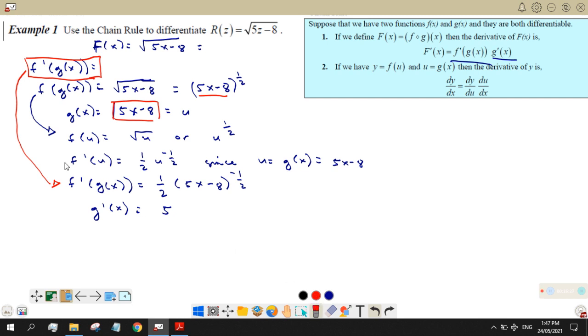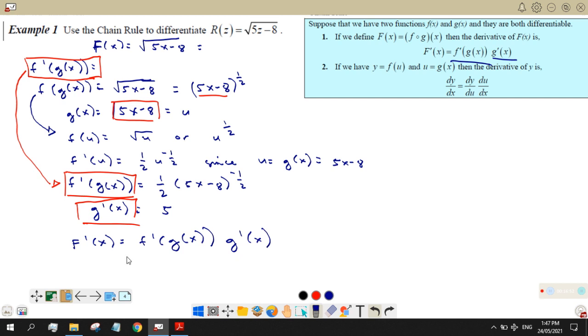Okay. So, meron na tayong dalawang value nung hinahanap natin. This is going to be f prime of g of x times g prime of x is equal to 1/2 times 5x minus 8 raised to the negative 1/2 times 5.